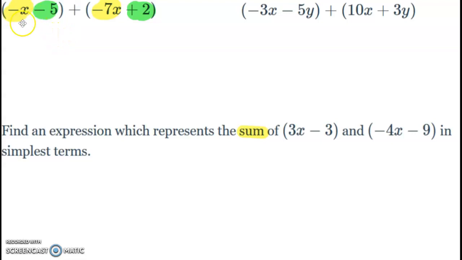There's an understood 1 for this x here, so that negative 1 plus negative 7 will get us negative 8x, and then the negative 5 plus a positive 2, different signs, find the difference, subtract there, so you get negative 3. As you can see, with the green, when you combine those, you get negative 3, and the yellow, negative 1, negative 7, same sign, find the sum, add those.